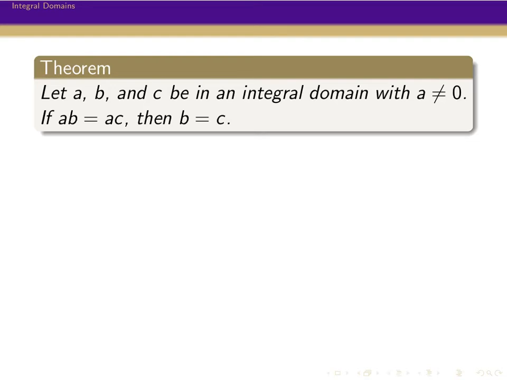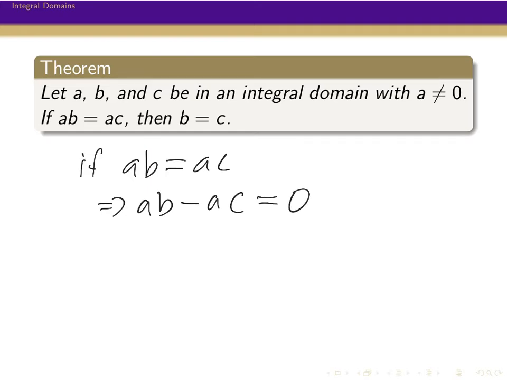So in an integral domain, if we have A, B, and C as elements of it, and we know that A is not equal to 0, then if we have A times B equal to A times C, then it must be that B equals C. And the idea is, if A times B equals A times C, then A times B minus A times C is equal to 0.